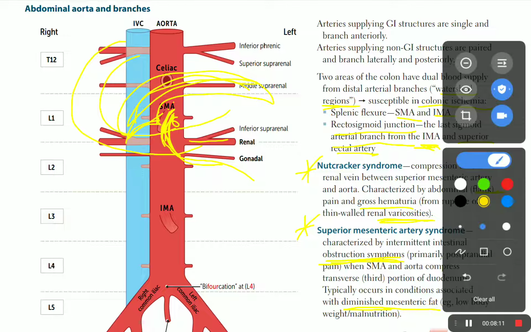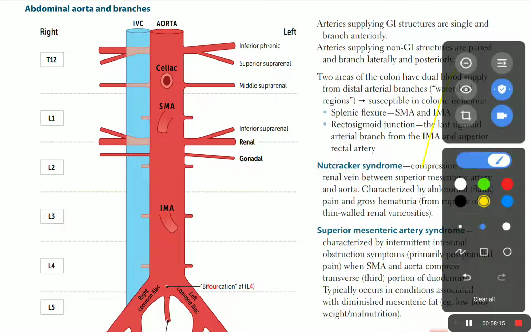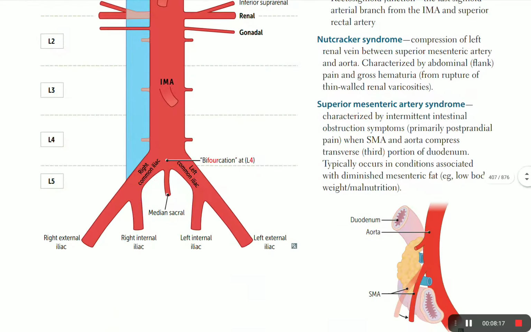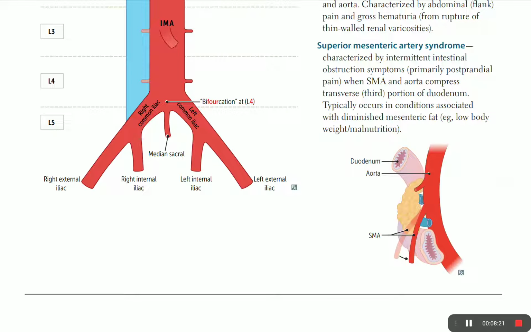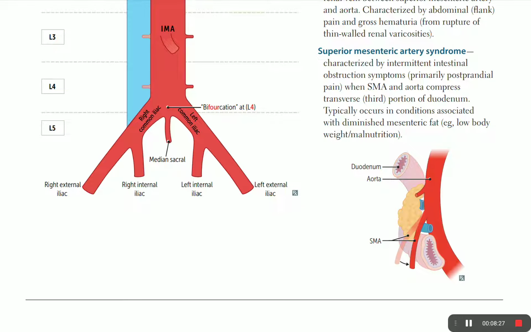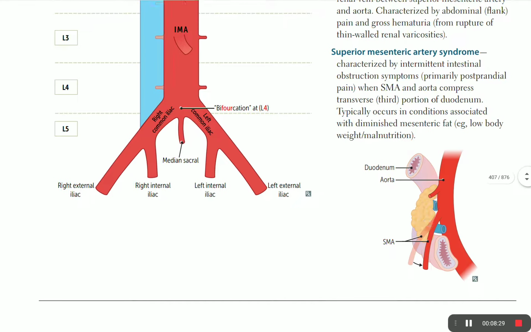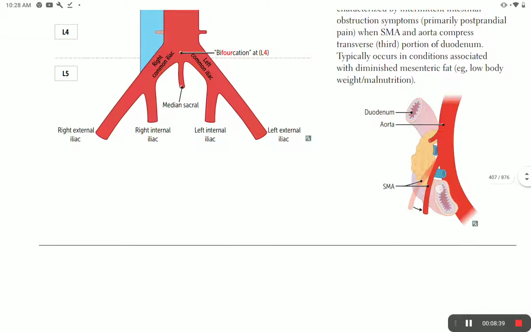That is for the abdominal aorta branches. Next here about the fat, it's a nice image. You see when we lose this fat here, we make the superior mesenteric artery compress on the duodenum, which has a course just below, posterior to the superior mesenteric artery.